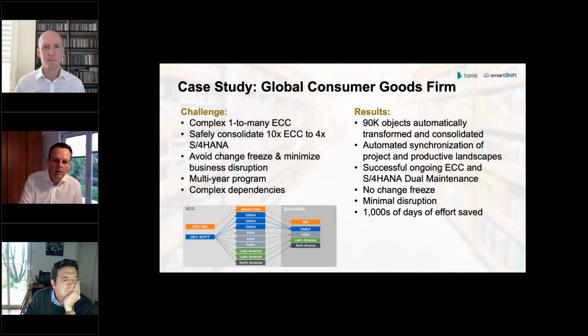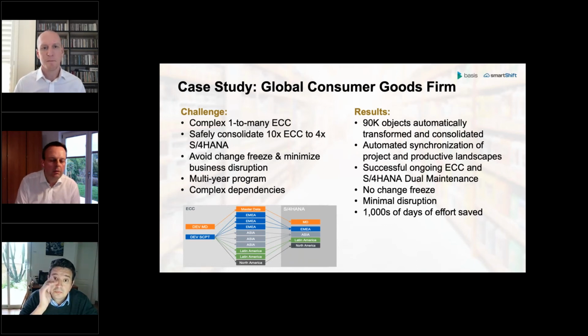So we have a release move from ECC to S4HANA. We have consolidation aspects. We have periodic rollouts. We have multi-year project duration, and so on and so forth. And in this scenario, we have changed 90,000 custom objects to be compliant with S4 and optimized with S4HANA.